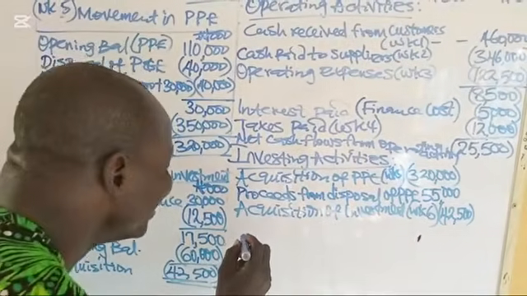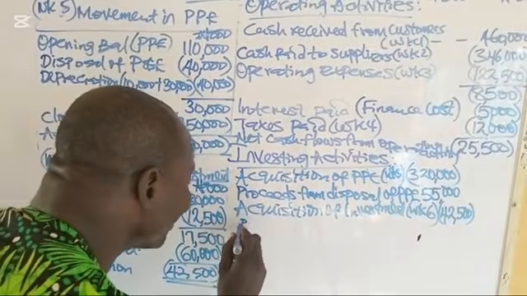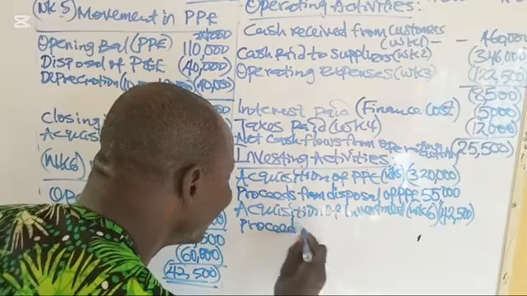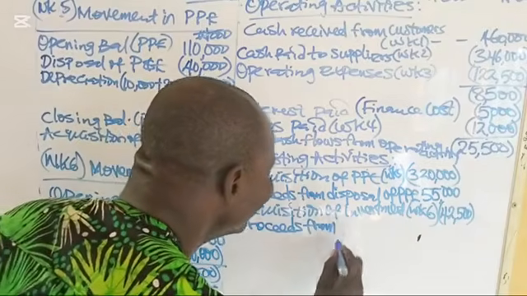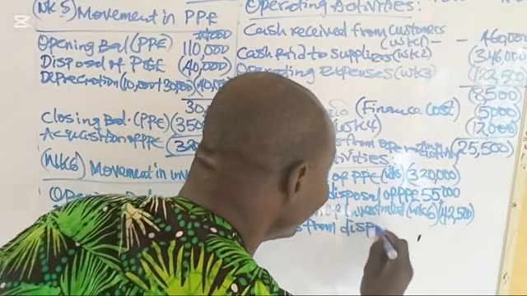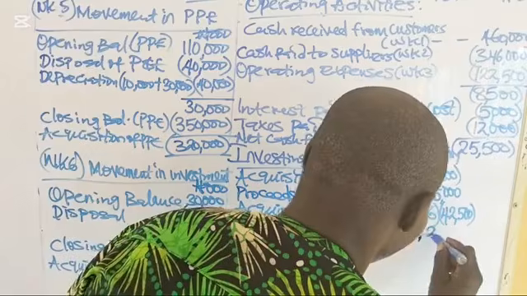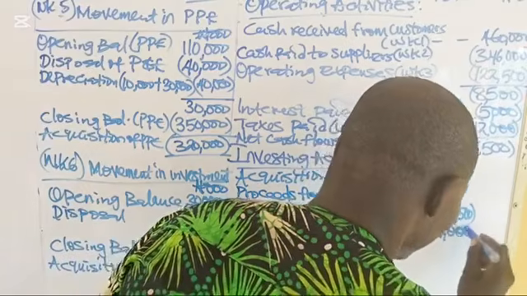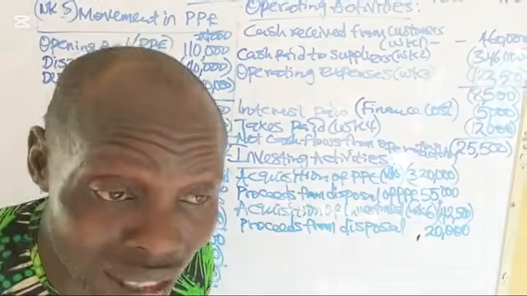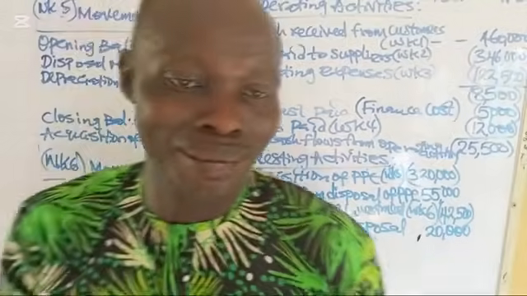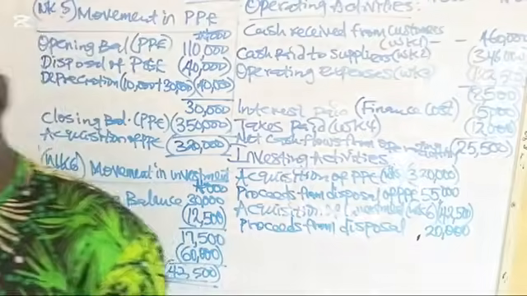So you have proceeds from disposal. You said the cash received is 20,000.